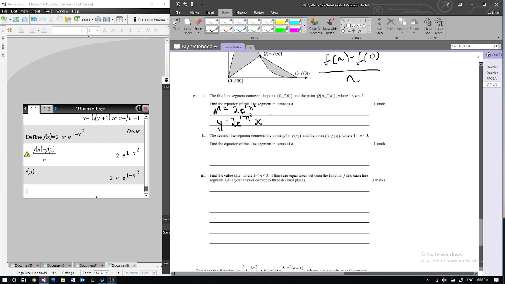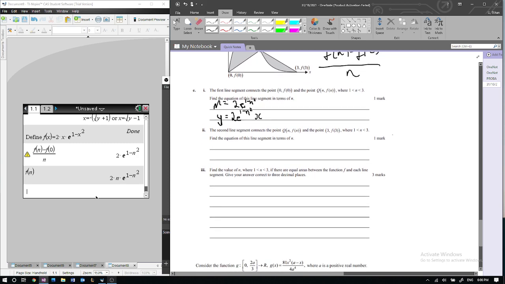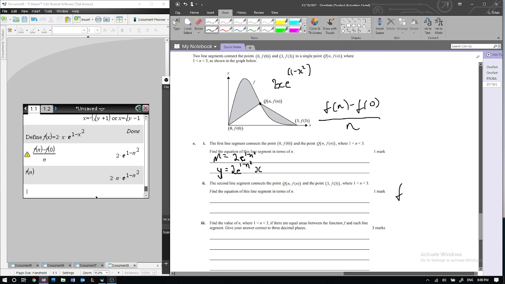Equation 2, this one goes from n, f(n) to 3, f(3). So again, doing the same thing. Over 3 minus n. Just write that out again. f(n) minus f(3) over n minus 3.